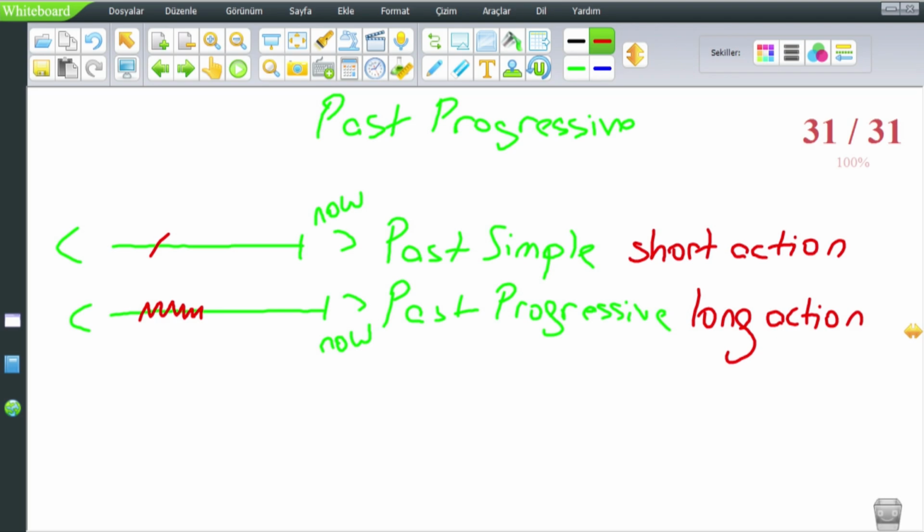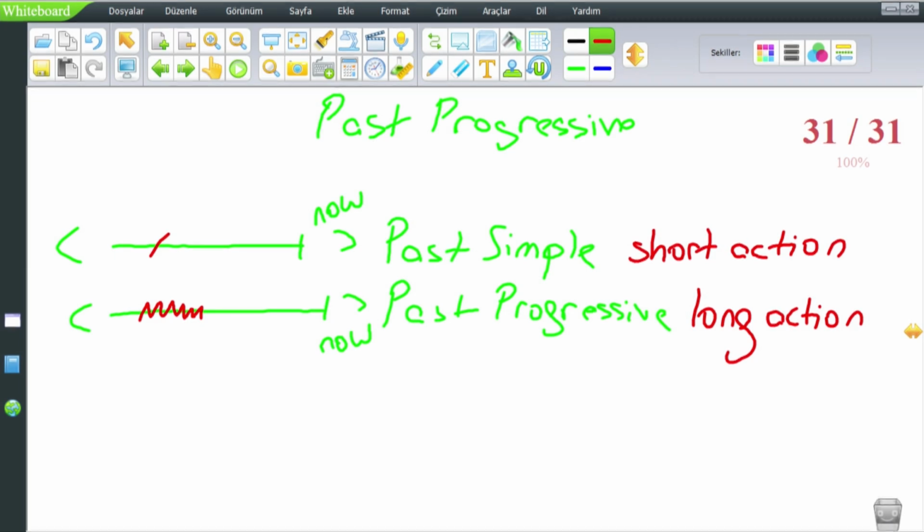And we have talked about this. We generally don't use past progressive on its own while making a sentence. Instead, we combine past progressive and past simple to talk about actions that happened in the past at the same time or interrupted each other.